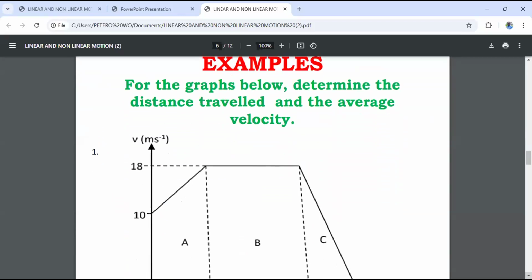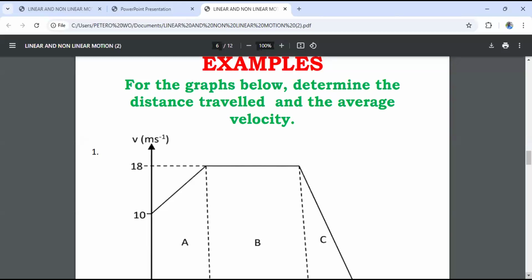Okay, if you are done, let us now look at the examples. For all the graphs that we are going to see, we are going to be determining both the distance and the average velocity. Both distance and average velocity.